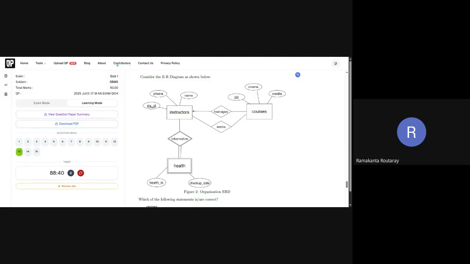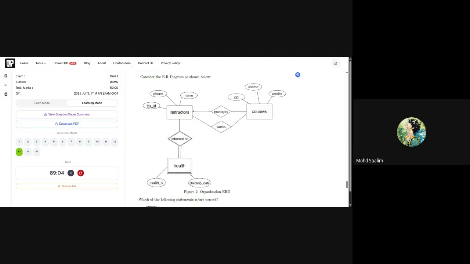So minimum 1, 2, 3, 4. In that case, we can consider instructor, courses, works, and managers. These are the strong entities and entity relationships. Two strong entities, two strong entity relationships. Four, minimum four. These are the weak ones, so maybe we can exclude those two.